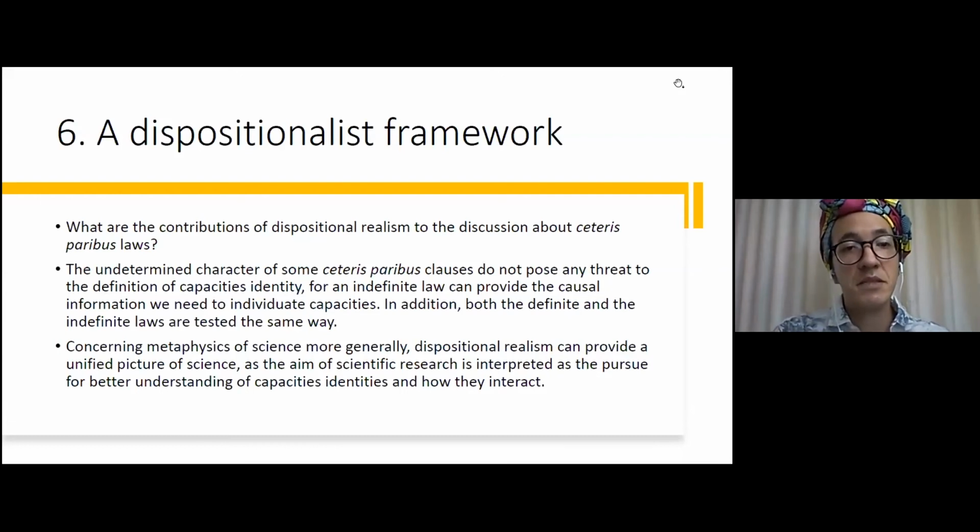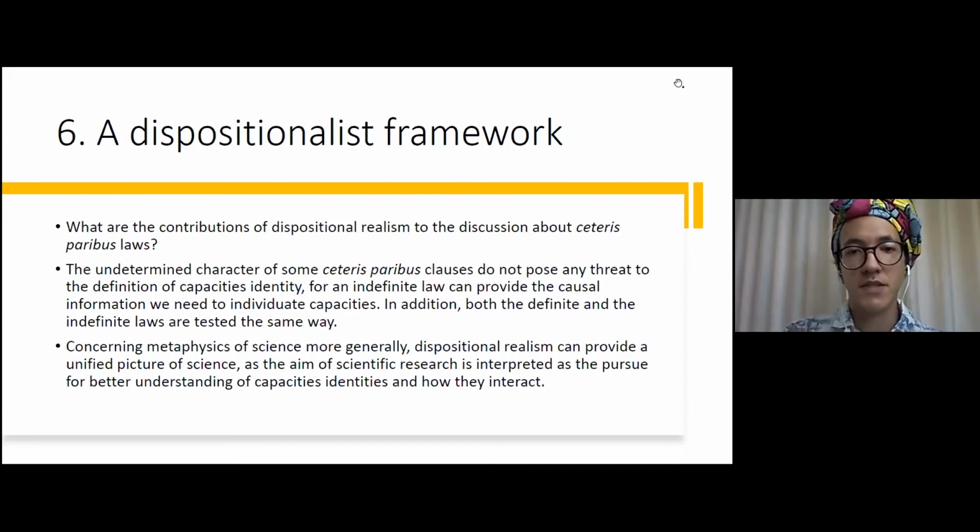The undetermined character of some Catrespirables clauses does not pose any threat to the definition of a capacity's identity, for a definite law can provide the causal information we need to individuate capacities. In addition, both the definite and the indefinite laws are tested the same way.